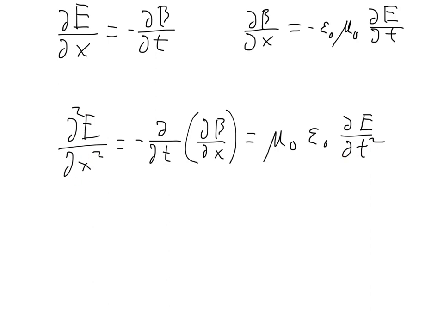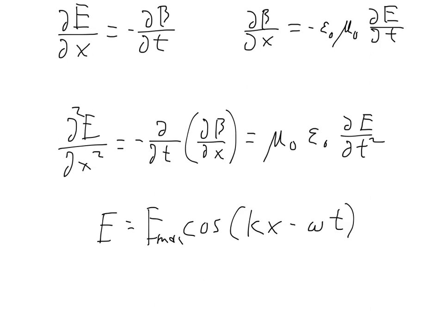So we would find that this would actually work if the E field were based on some sort of cosine function with both an x component and a time component to it. So in this case, if I just choose the right constants, and for the amplitude of this I'll just call it E max.